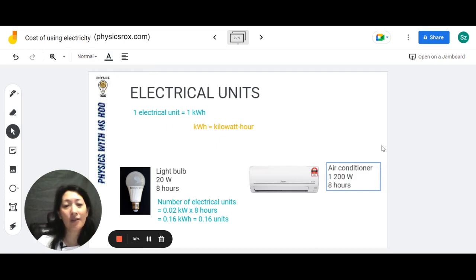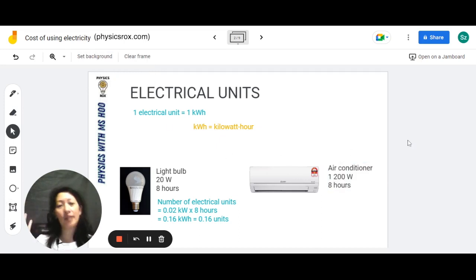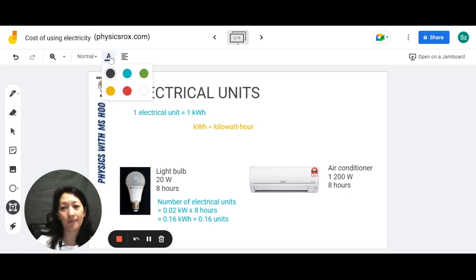As another example, let's look at the air conditioner. Now we know air conditioners, of course, have much higher power. That's how it's able to keep the room cool. So let's say this particular air conditioner has a power rating of 1,200 watts, and we switch this on also for 8 hours.